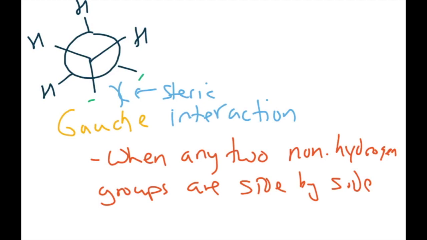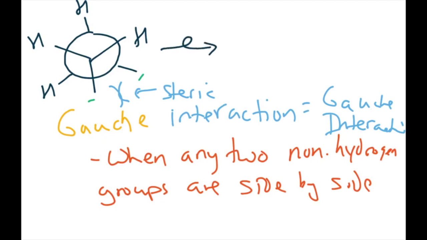They don't have to be on top of each other. They can be side by side, and they get an interaction. So this steric interaction is called a gauche interaction, and we call that whole conformation gauche, G-A-U-C-H-E. There you go.